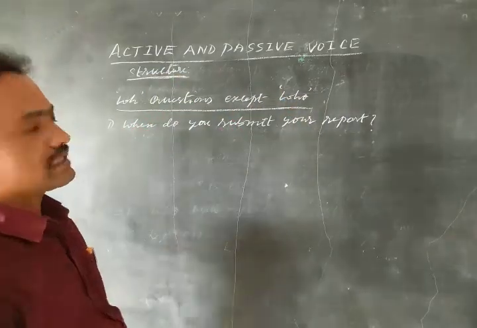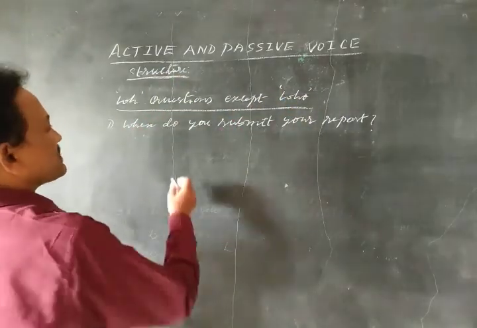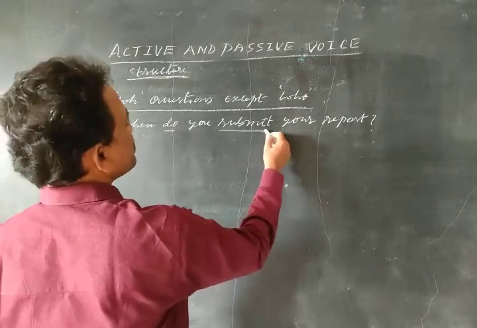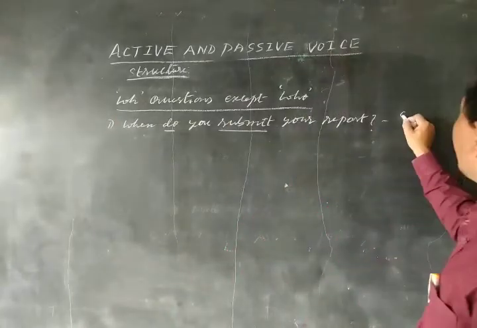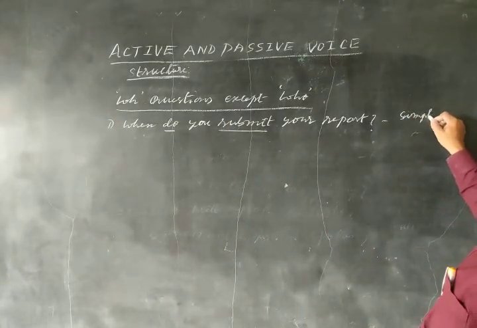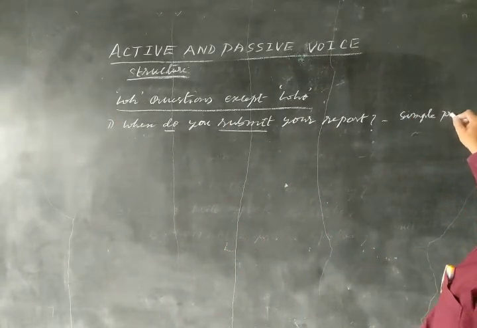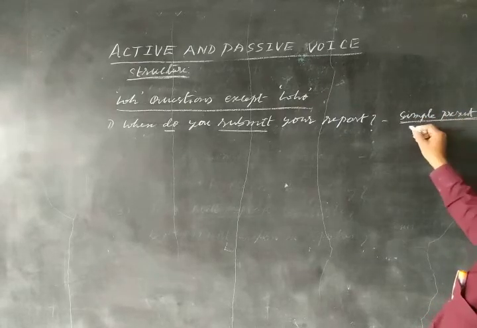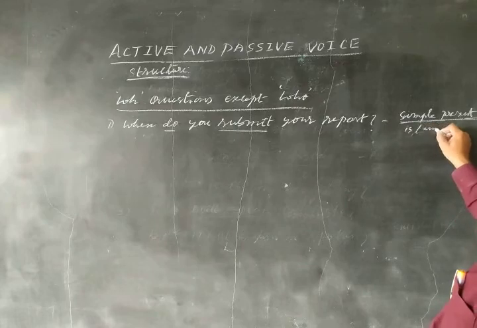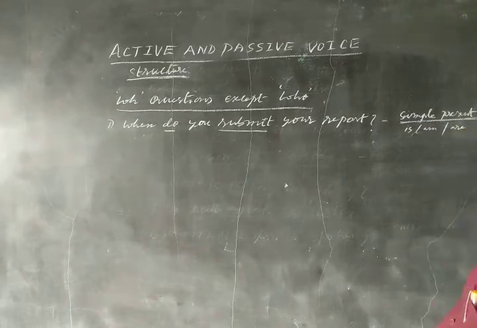This is when. Right? Sentence: do submit. This is the verb group. Do submit. This is simple present. As you know, in simple present tense, be forms are is, am, are.